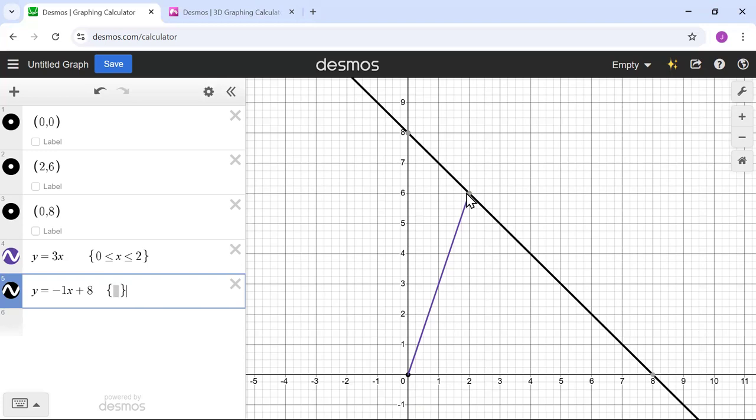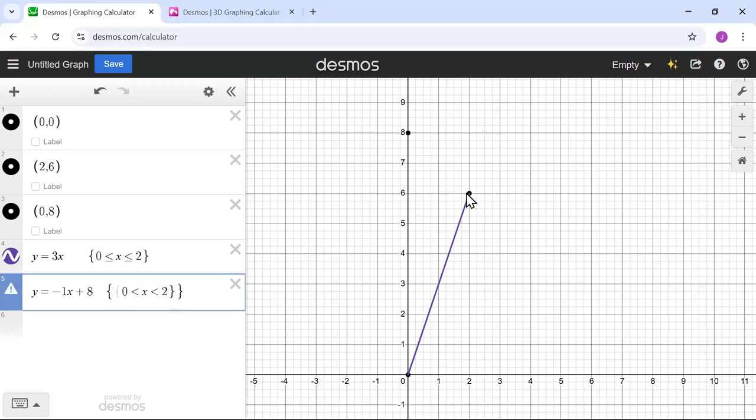Again, x is going from 0 to 2. And then obviously the y-axis is x equals 0. So that's the other piece of that triangle. So we're going from y equals 3x up to y equals negative 1x plus 8, and x is going from 0 to 2.